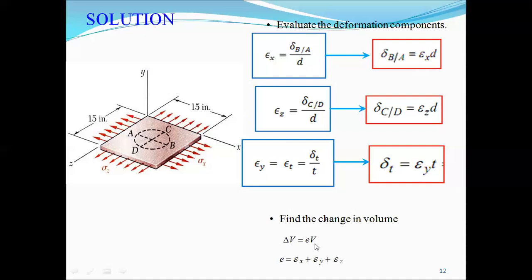The dimensions, side lengths and thickness are given, so we can easily calculate the original volume. Dilatation, as we discussed, is epsilon x plus epsilon y plus epsilon z. Once these epsilons are known, we can find the change in volume and these deformations.